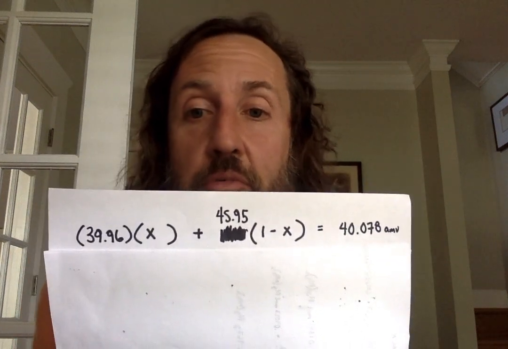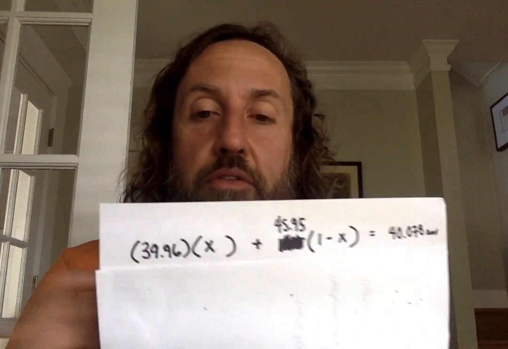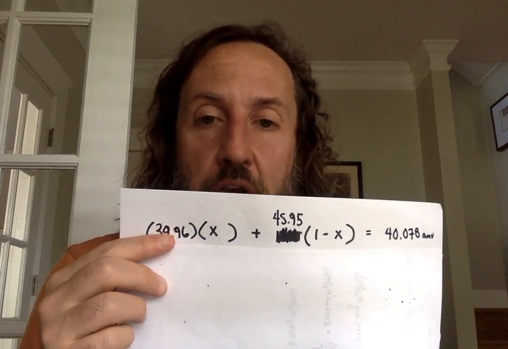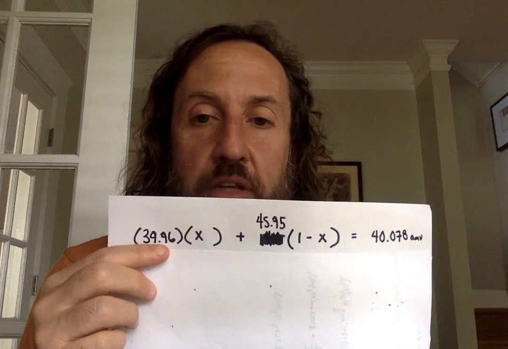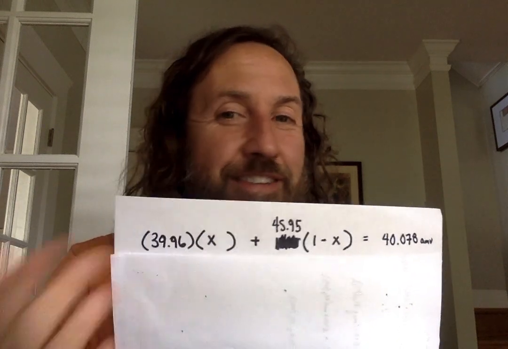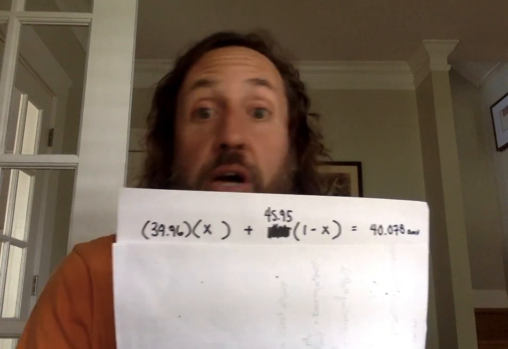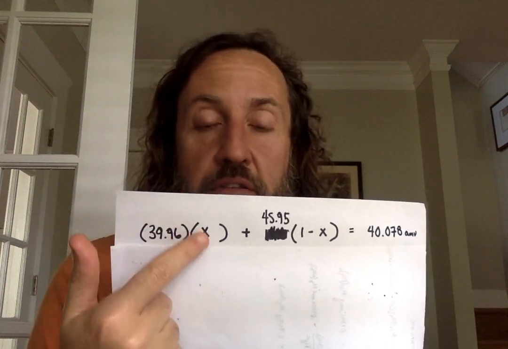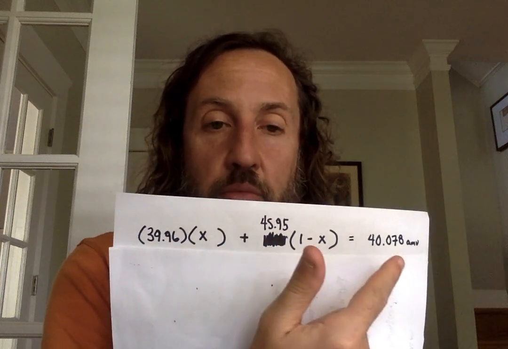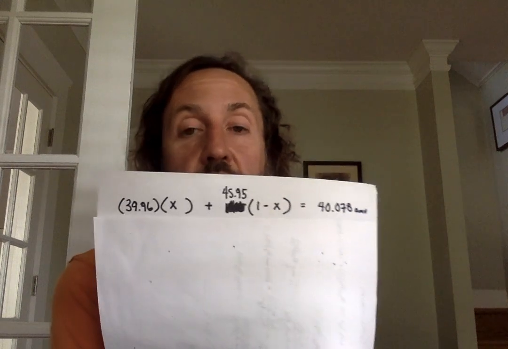And here's my first isotope, that 39.96, and I assign that X. If you go back to that last problem, it's going to be this times the decimal percent, plus this times another decimal percent. When you add them up, you're going to get this answer.